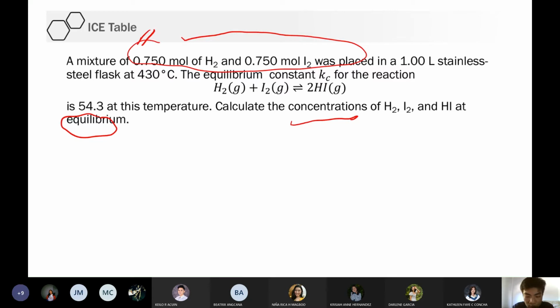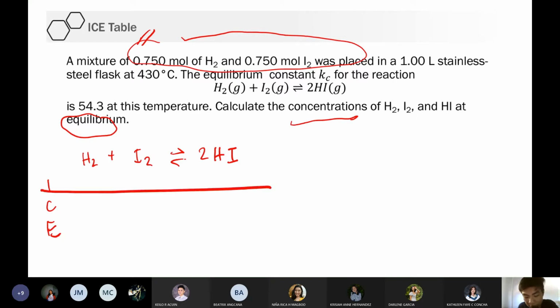First, write down your reaction, and then construct the ICE table.